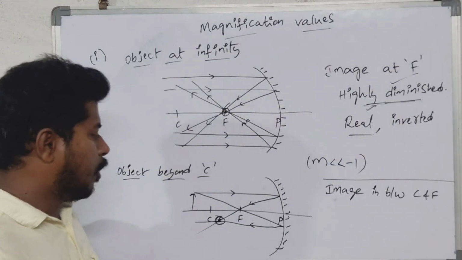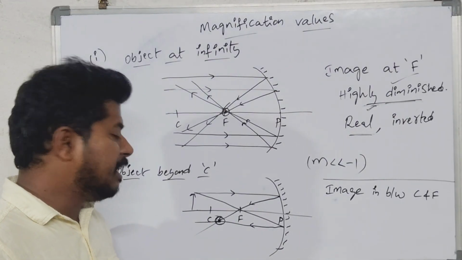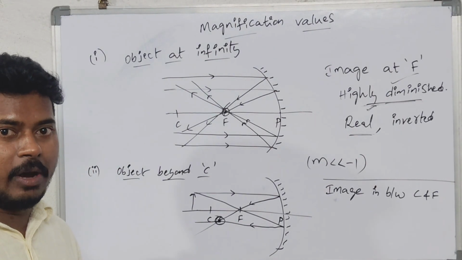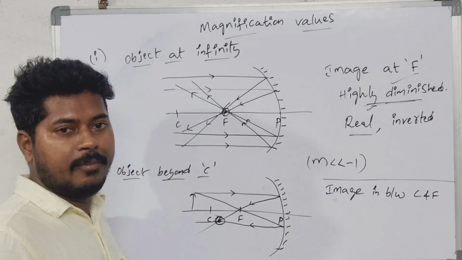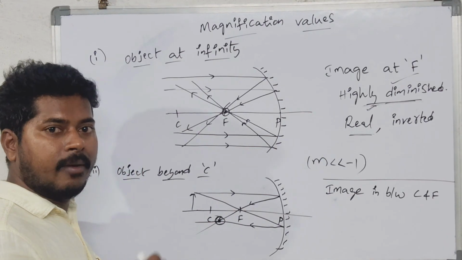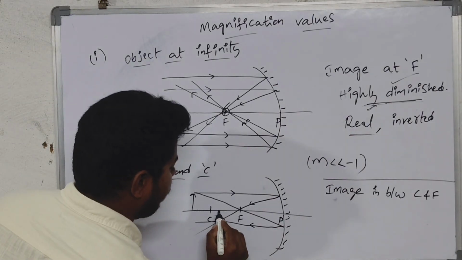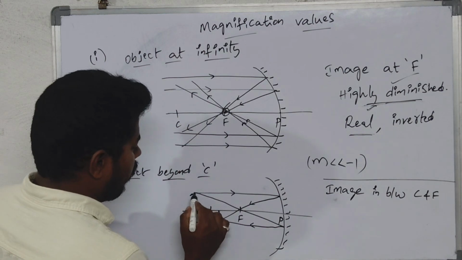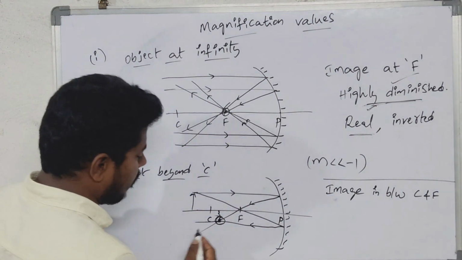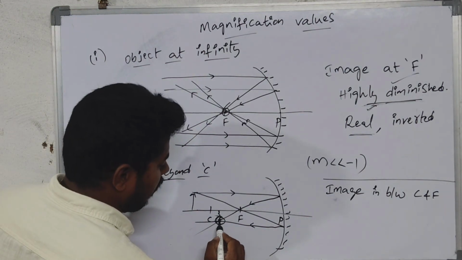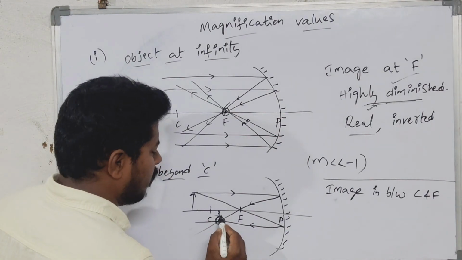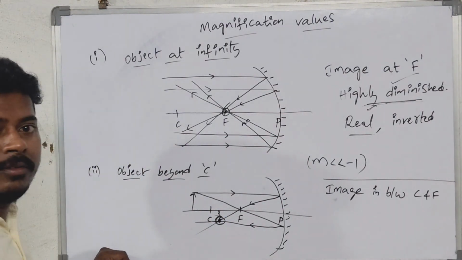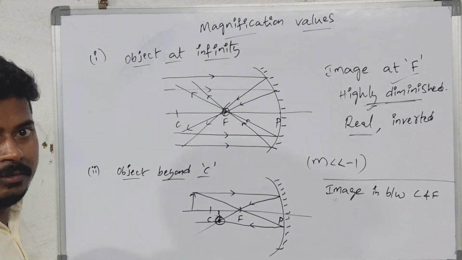Now the size of the image. The size of the image should be measured from the principal axis, from here to here. Compare the size of the image with the size of the object.